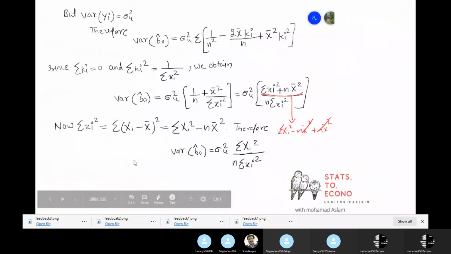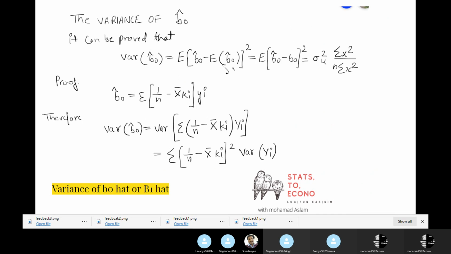But for simplicity, and to explain the process of this derivation, I'm deliberately using this bivariate method, and mostly I'm going to use the Classical methods of derivation. Any doubts so far in the variance?